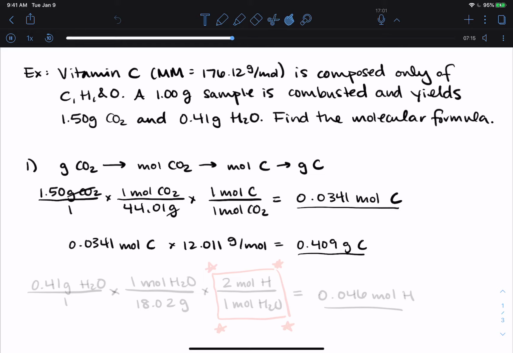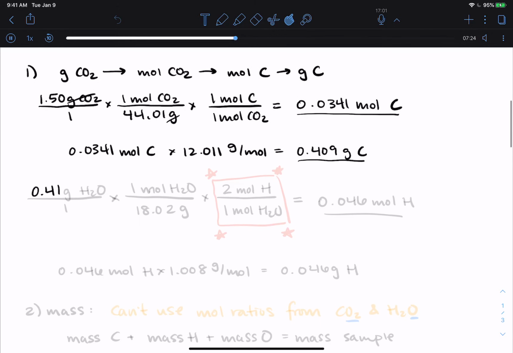I still have to find all of this about hydrogen based on the 2 products that I was given. So there are 0.41 grams of H2O collected from this reaction. If you calculate the molar mass of H2O, 1 mole of H2O is 18.02 grams.